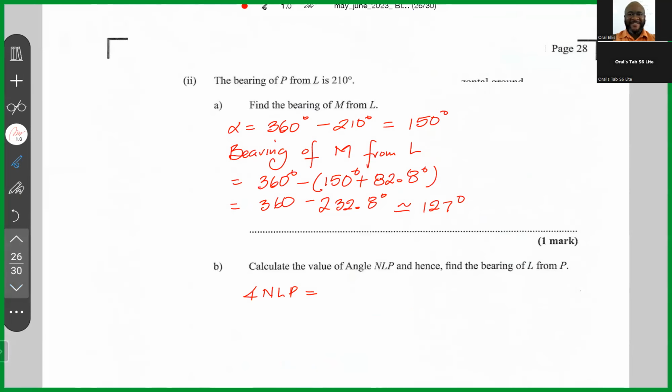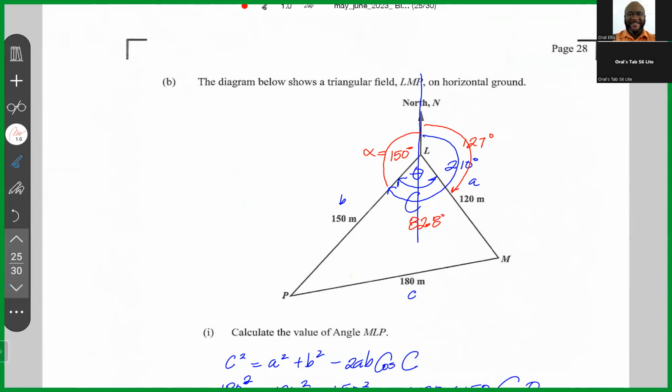So let's go again to what they want. They want the bearing of L from P. The bearing of L from P. So we're taking a bearing from P now. All right, this is my north-south line. It's the bearing of L from P. So bearing is measured clockwise from north, so I need that angle.